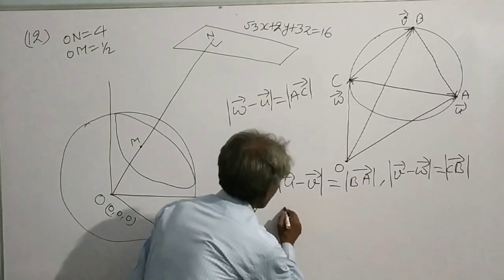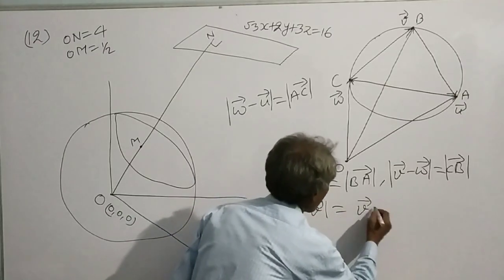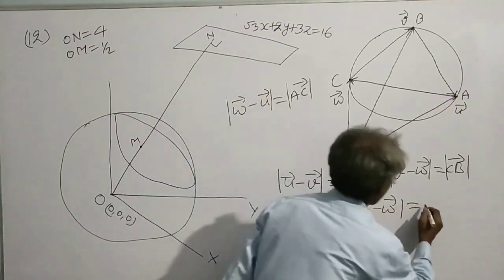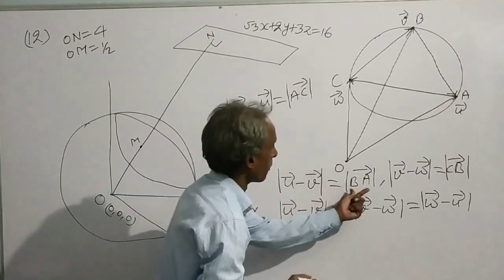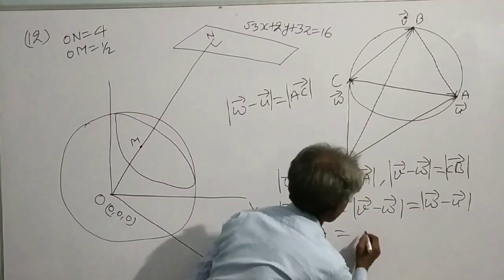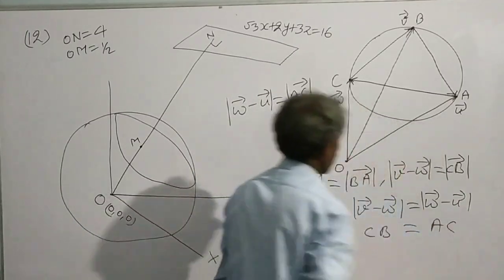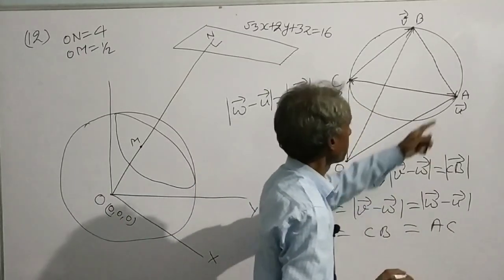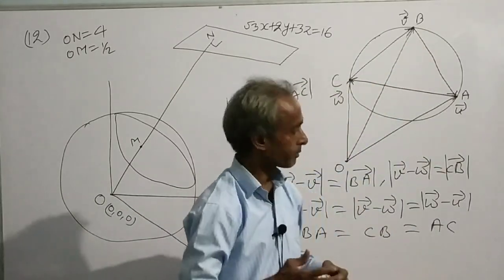If mod of U minus V is equal to mod of V minus W is equal to mod of W minus U, that means BA is equal to CB is equal to AC. That means ABC is an equilateral triangle.